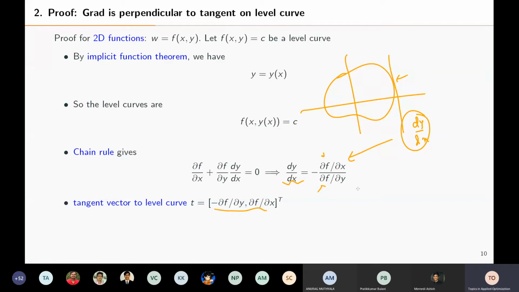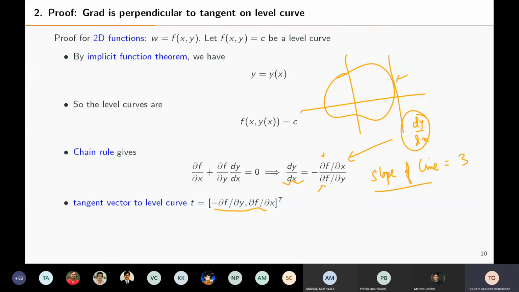So let us say someone tells me that the slope of a line is 3. Can you tell me a vector that is along this line? That's the question we are asking. So what is the vector now?